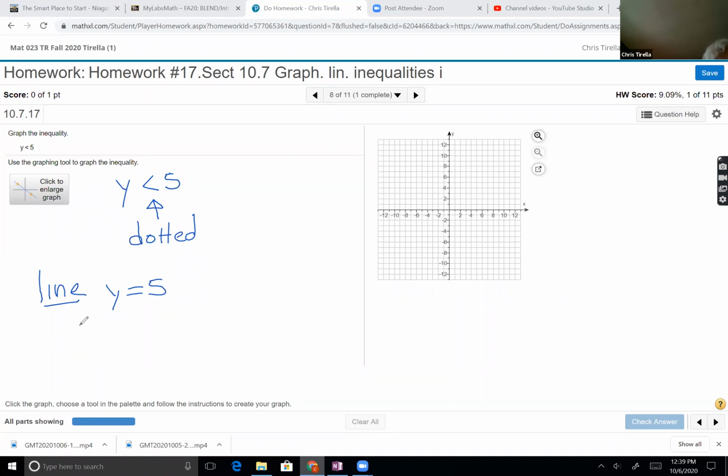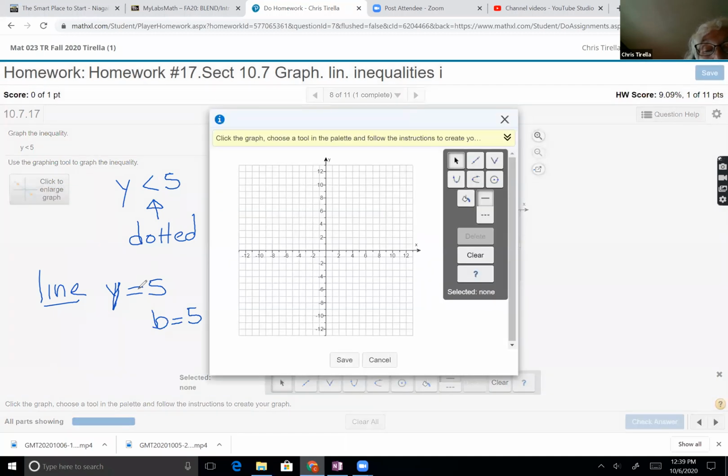Oh boy. Y is all alone, but I don't see that whole y equals mx plus b. I guess because that 5 is all alone and there's no x attached, we could say that b is 5, but there's no m. When there's no m written, do you remember that means that your slope is 0? Or do you remember when it's just y equaling a number, it's a horizontal line.